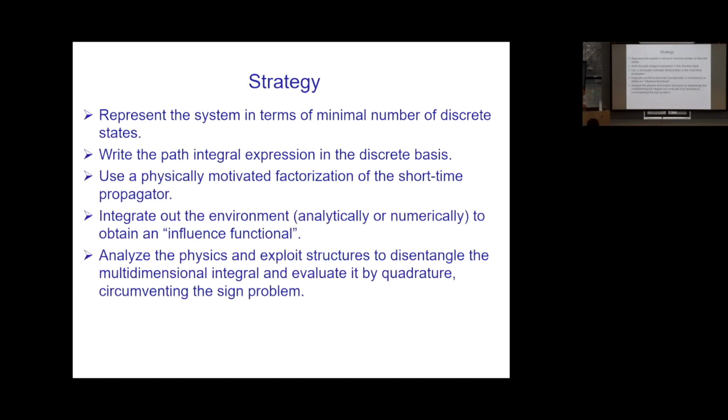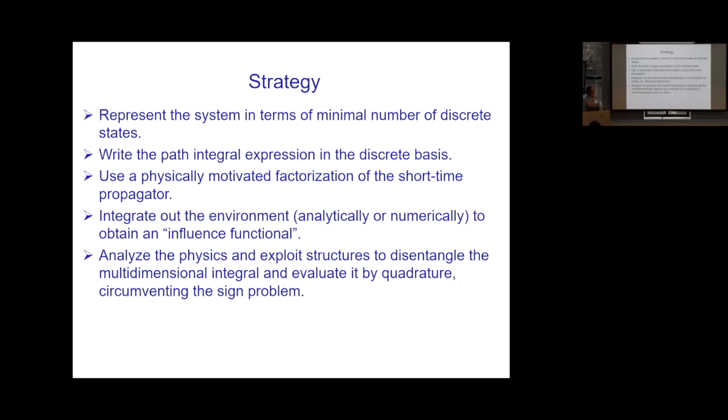And to overcome these fundamental problems with the original formulation of a path integral that makes it so unstable and not so friendly computationally, we're going to have to follow a different strategy. The idea is to represent a system in terms of a minimal number of discrete states.